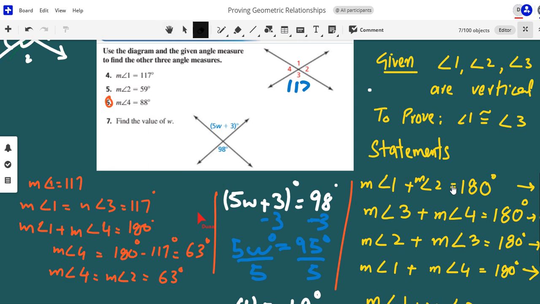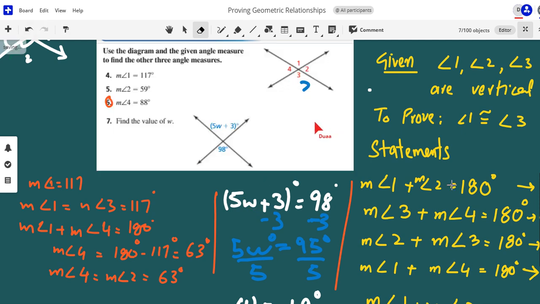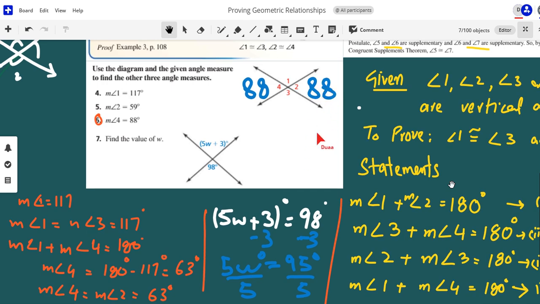If measure of angle 4 equals 88, solve it on the diagram. Okay, excellent. 88. 92. 92, 90, and 90. Okay, correct.